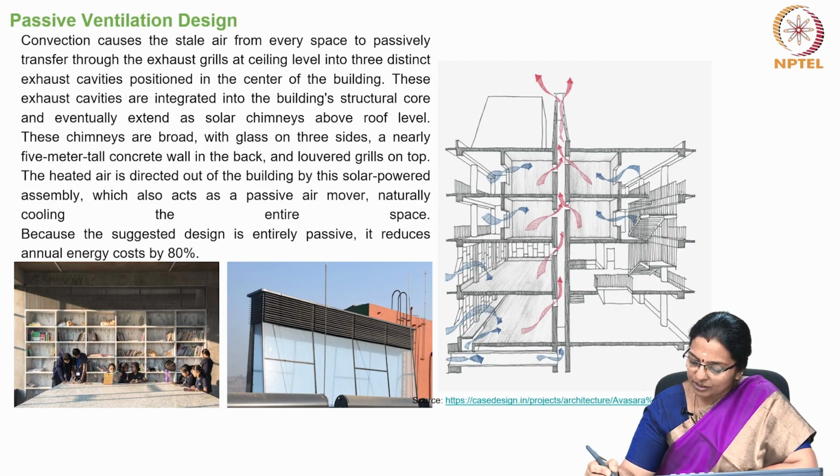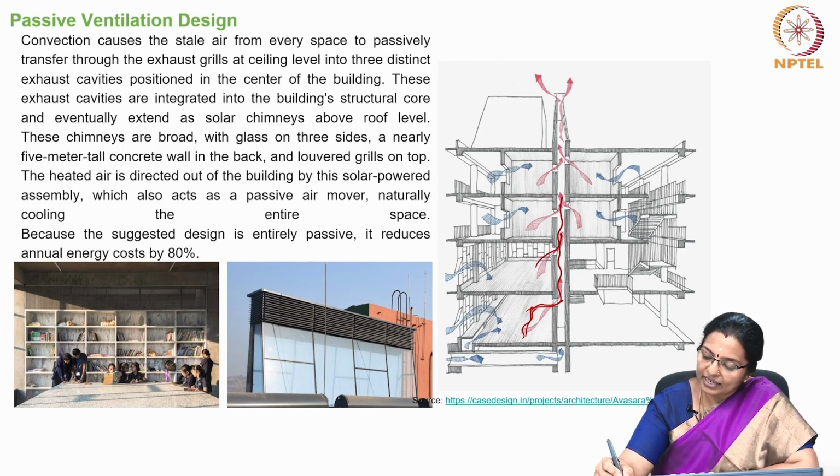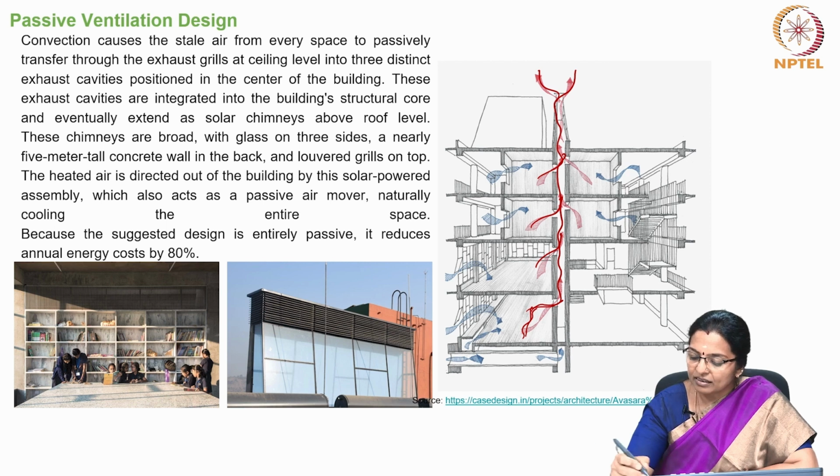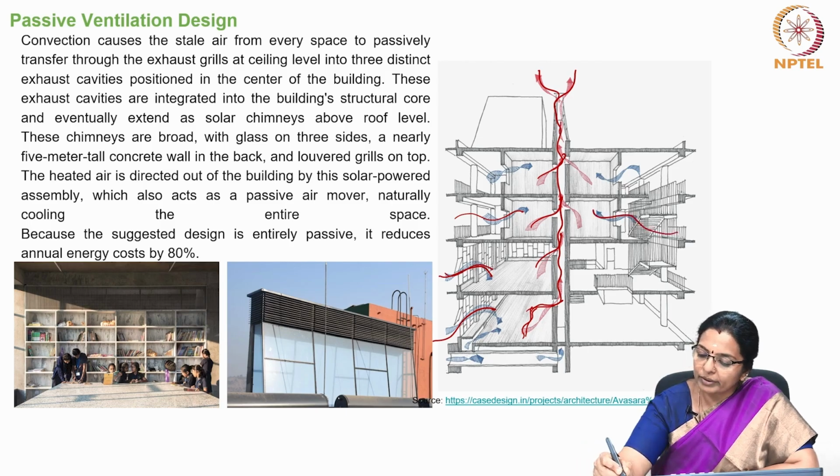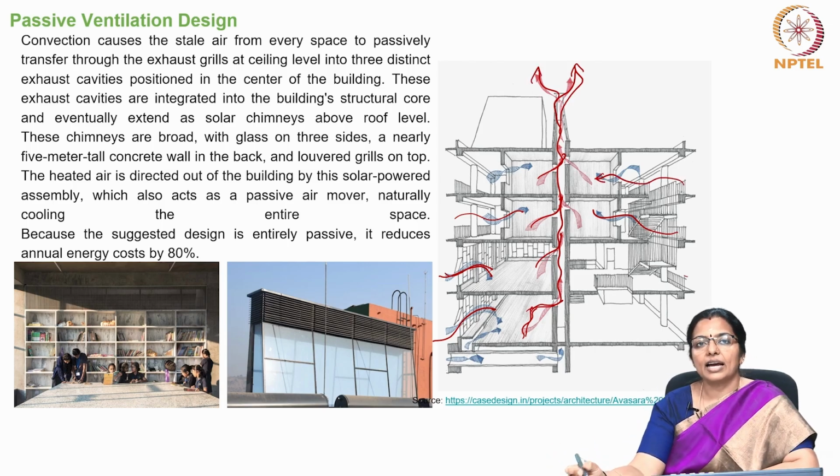So, here is the solar chimney, which, because warm air is lighter, it rises in the room and there is a vent through which the warm air rises and leaves the chimney, whereas the cool breeze comes from specific inlets. There are specific outlets for the warm air to leave through the chimney and specific inlets for the cool air, creating air movement because of the buoyancy effect.